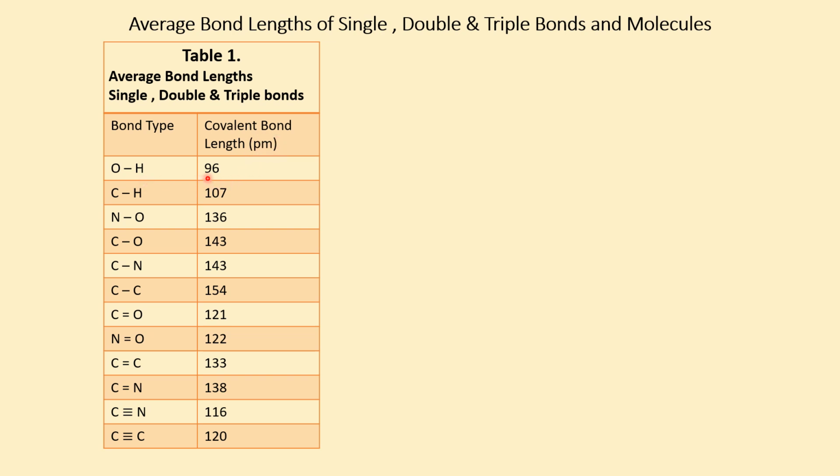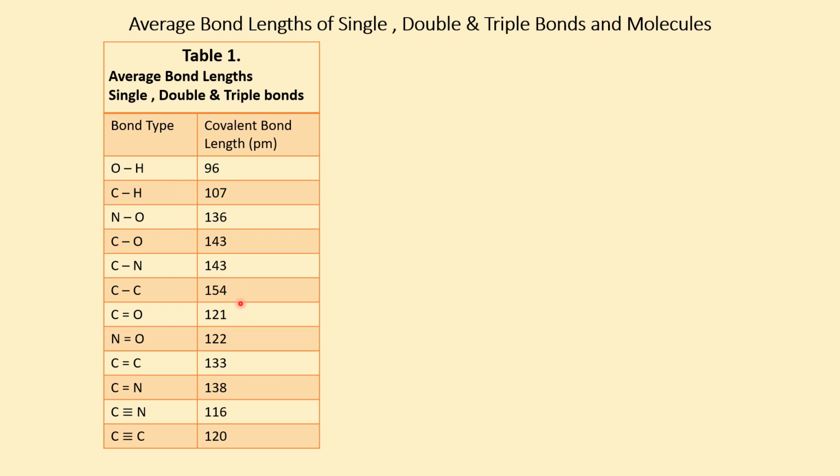So for O-H it is 96, for C-H it is 107, for N-O bond it is 136, for single C-O bond it is 143, for single C-N bond 143, and for C-C it is 154.